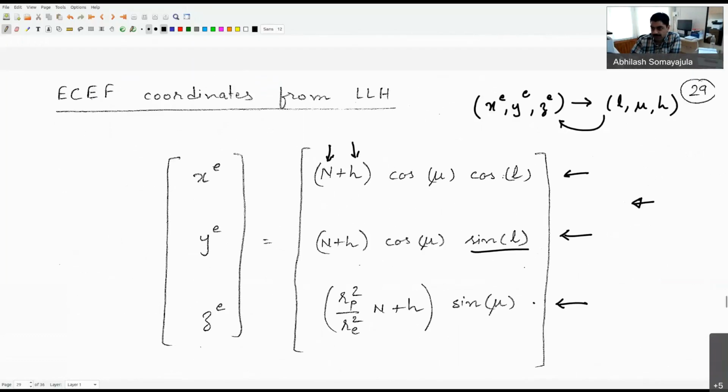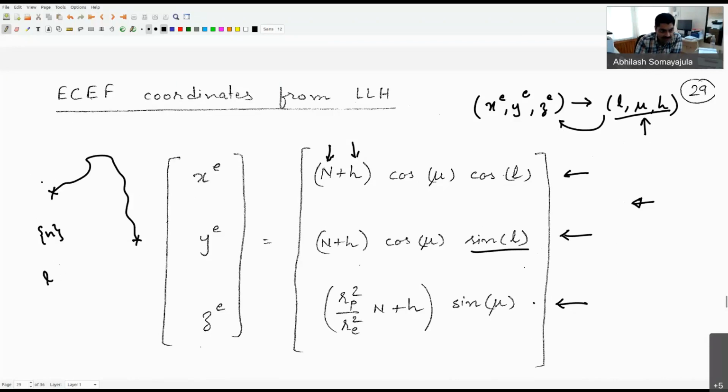Now that is well and good, but really when we are doing the navigation, I don't want to be looking at a latitude, longitude, and a height and be trying to figure out how my distances are changing. So for example, let's say my craft moves from here to here to here. I want to find out what is the distance between these 2 points in the n frame rather than a difference in longitude.